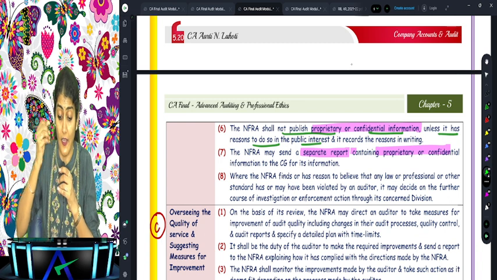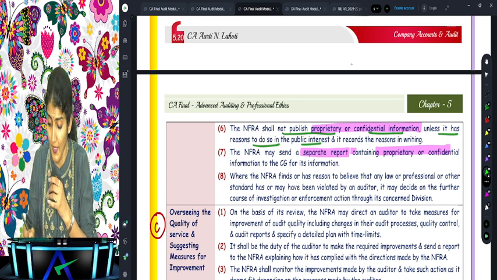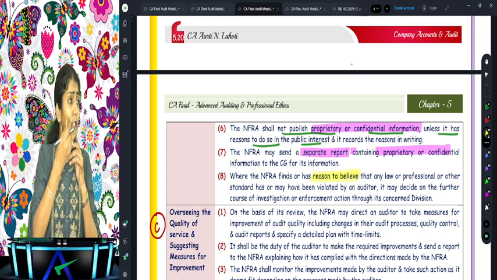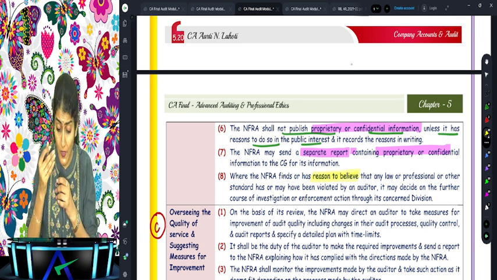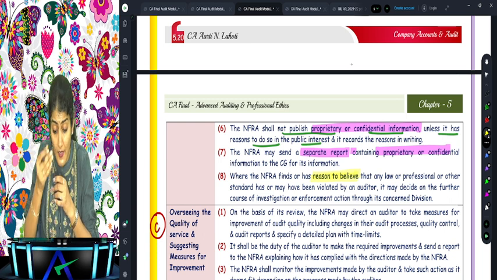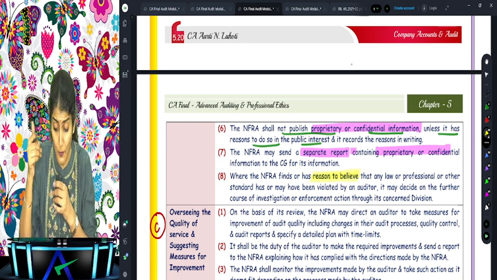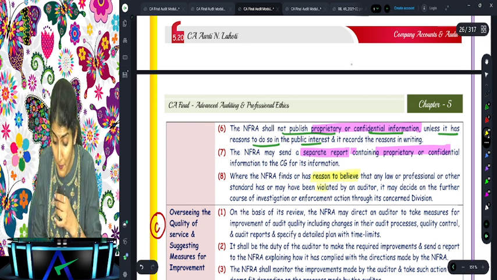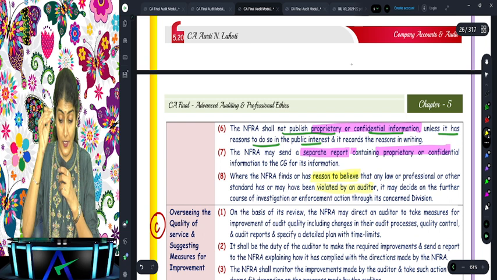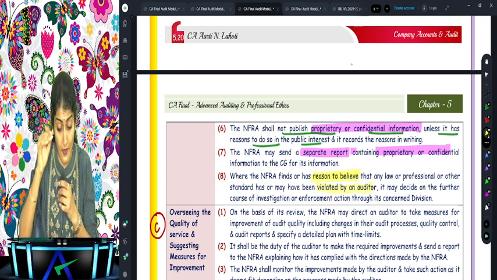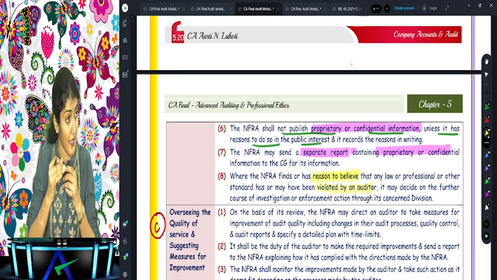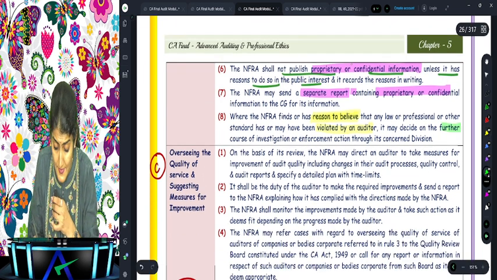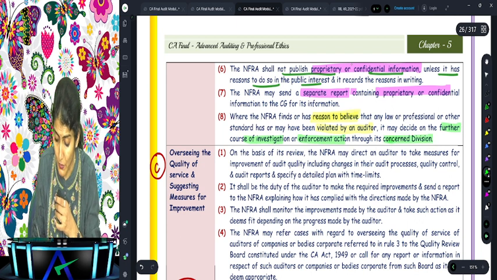And where NFRA finds or has reasons to believe, and where did we see reasons to believe today? 143(12), duty to report fraud to the CG. So here also, what does it say? Where NFRA has reasons to believe that any law or professional or other standard has or may have been violated by an auditor, it may decide on the further course of the investigation or the enforcement action through its concerned division.